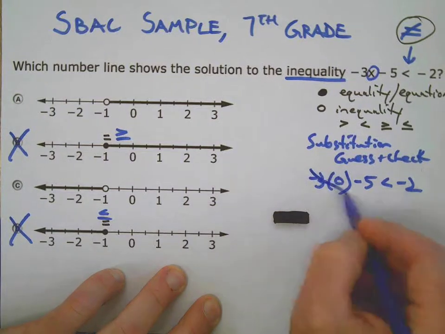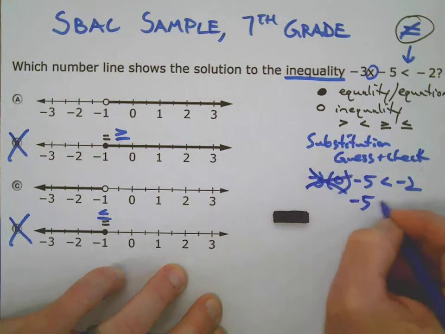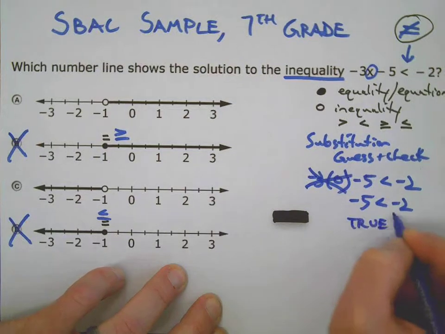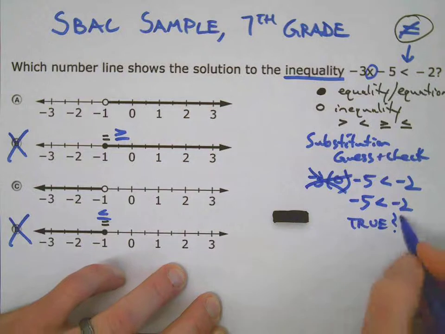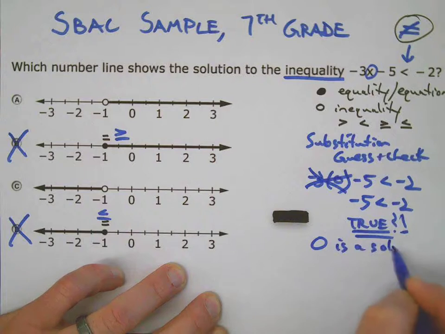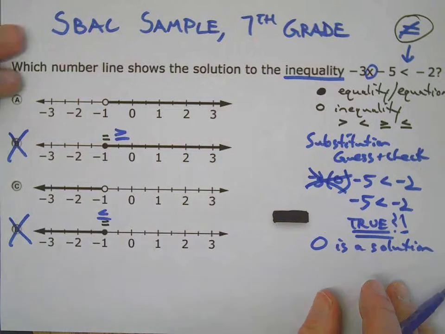Negative 3 times 0 is 0, which leaves us with negative 5 is less than negative 2. Is this true? Well, yes, it is true. It is true, which means 0 is a solution. There are other solutions, but 0 is one of them.